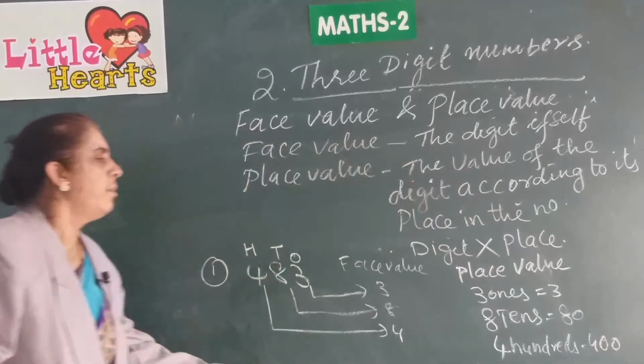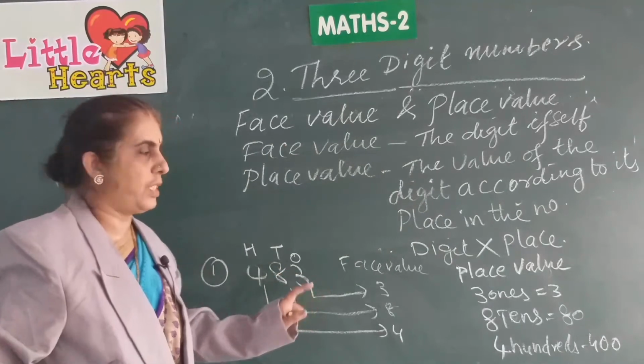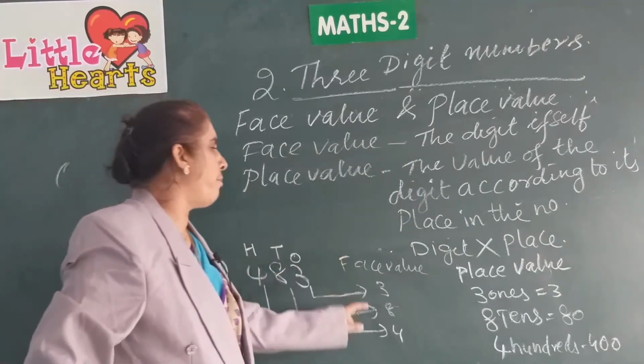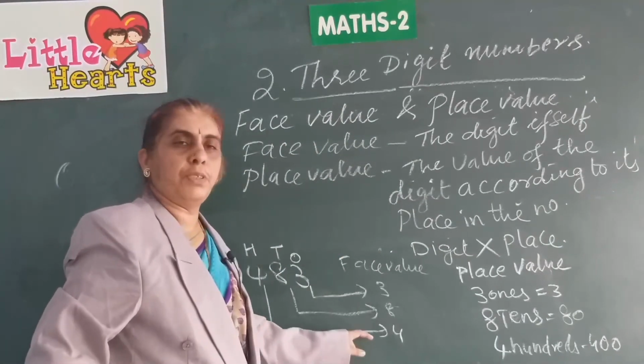In this way, place value changes according to its place and face value never changes according to the position or the place.